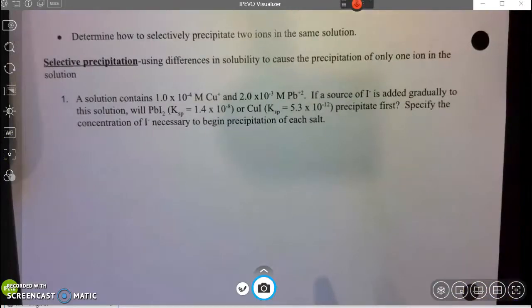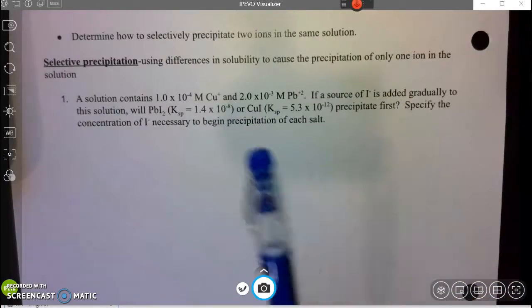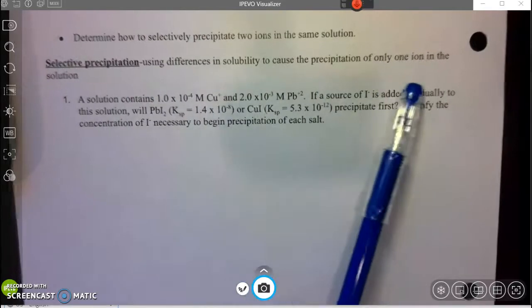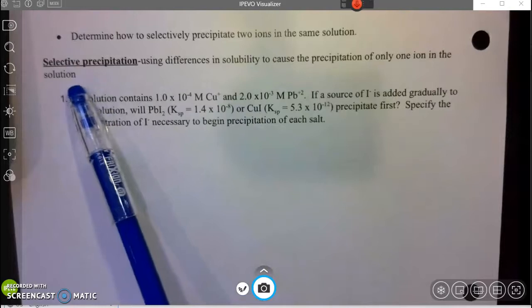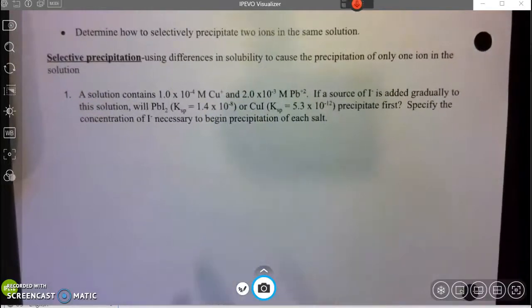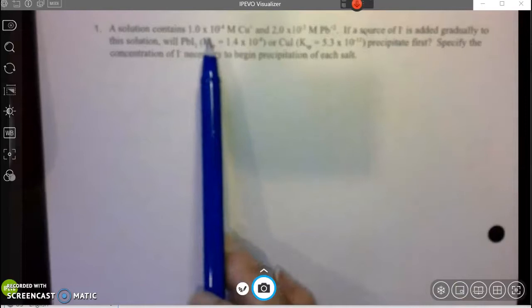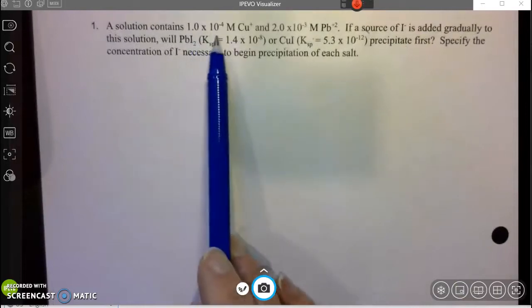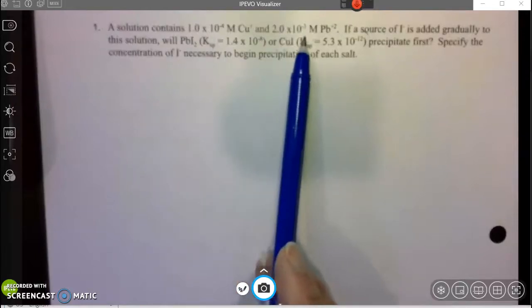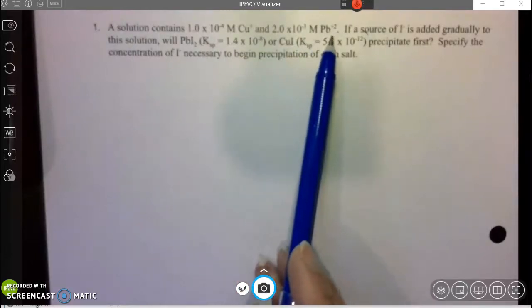Alright, this last question is going to look at what's called selective precipitation. So we're using differences in solubility to cause the precipitation of only one ion in the solution. So this is another mixture separation technique. We have our two concentrations of 1.0 times 10 to the negative 4th molar copper 1 ion and 2 times 10 to the negative 3rd molar lead 2 ion.